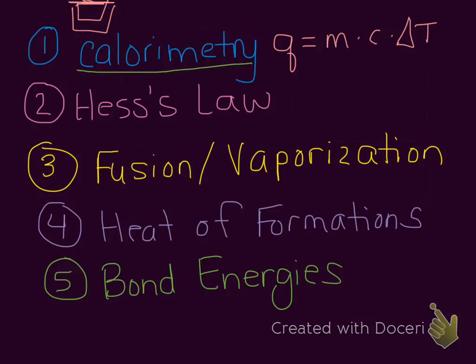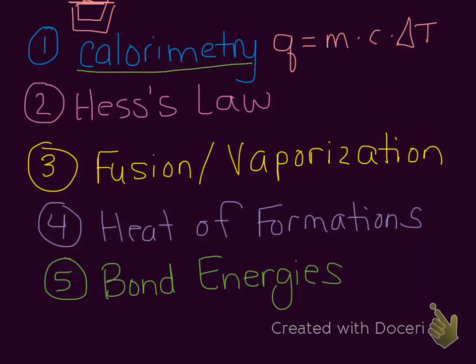The second way to calculate it is going to be to use Hess's law. All that Hess's law basically says is that if you have a series of reactions and you can add them up to equal your desired reaction, all of the delta H values add up to the total reaction.